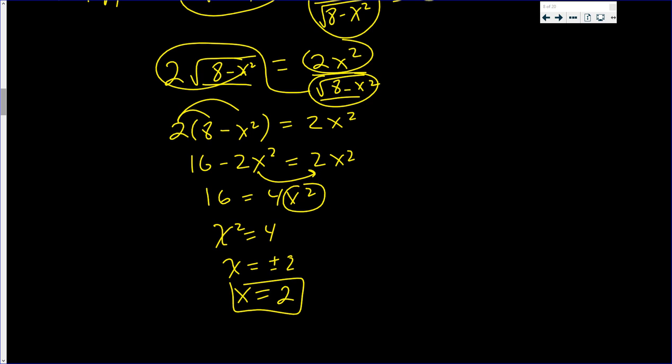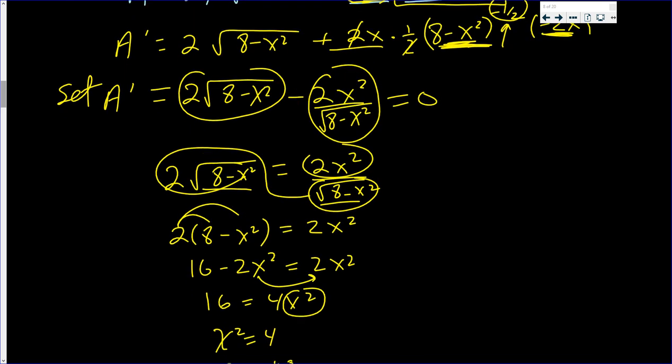Okay, now, do you have a max or a min here? Let's look at from negative infinity to 2, and then from 2 to infinity.